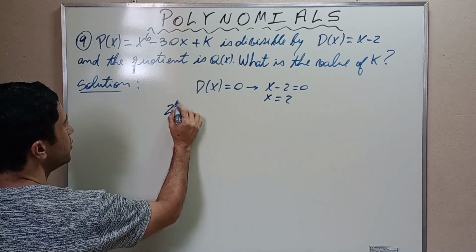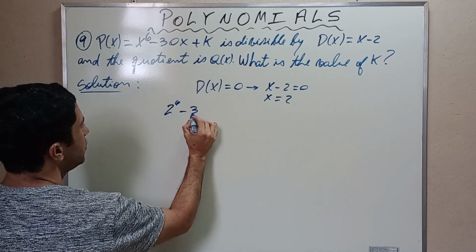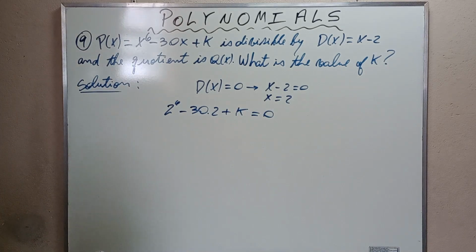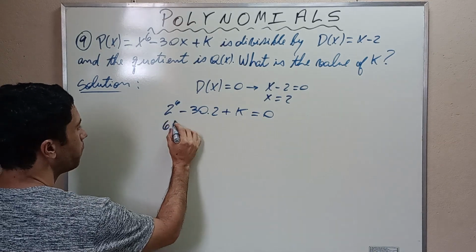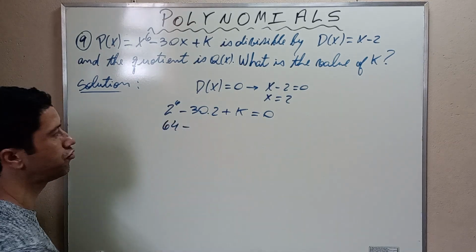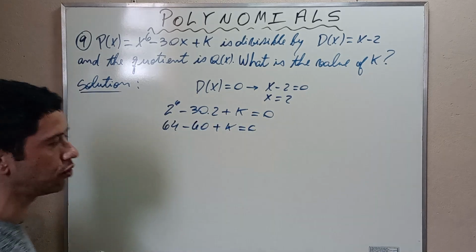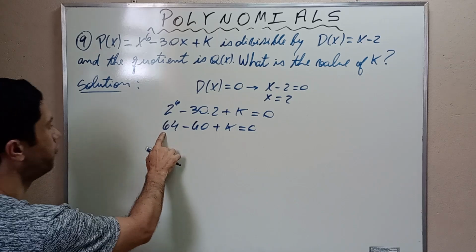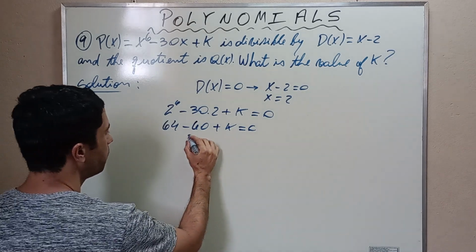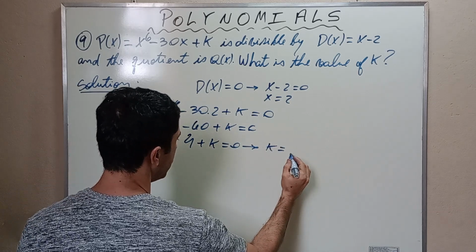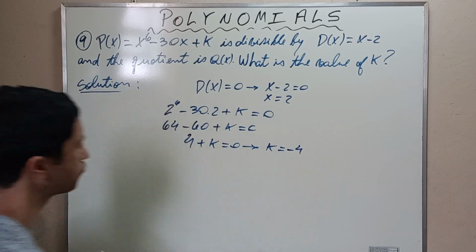Consequently, 2 to the 6th minus 30 times 2 plus k has to be equal to 0, alright? 2 to the 6th is 64, minus 30 times 2 is 60, plus k equal to 0. 64 minus 60 is 4, plus k equal to 0, then k is equal to negative 4.